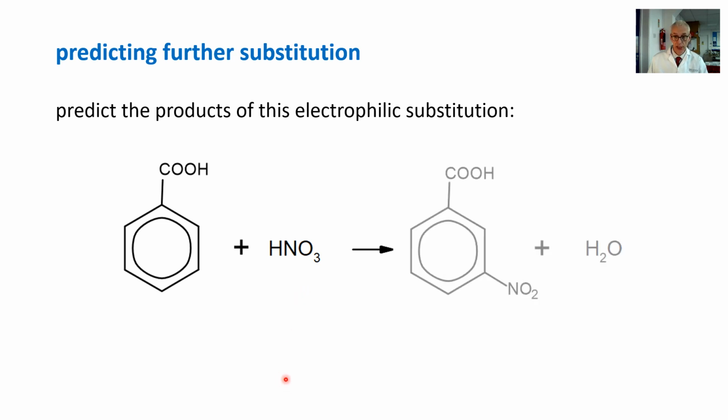Okay, so here's my proposal. 3-nitrobenzene carboxylic acid, or 3-nitrobenzoic acid. Have to recall that the COOH is the carboxylic acid group that has a multiple bond in it, so that would be 3 directing.